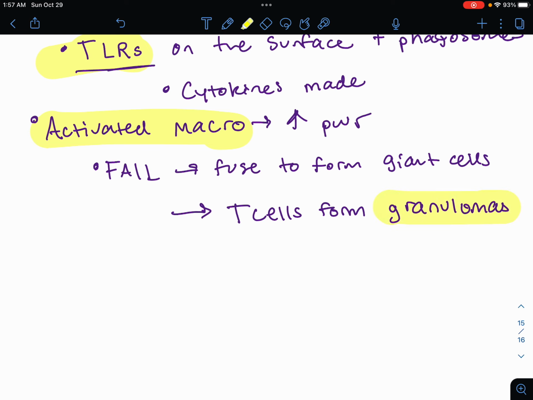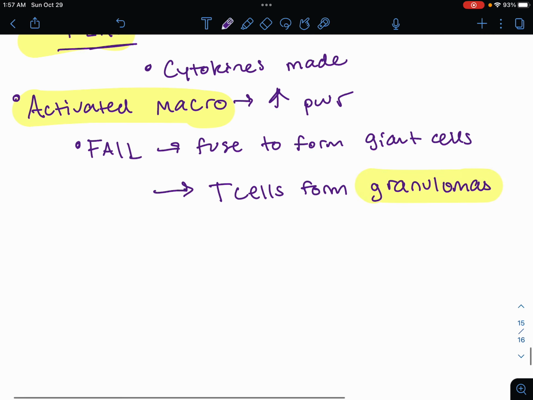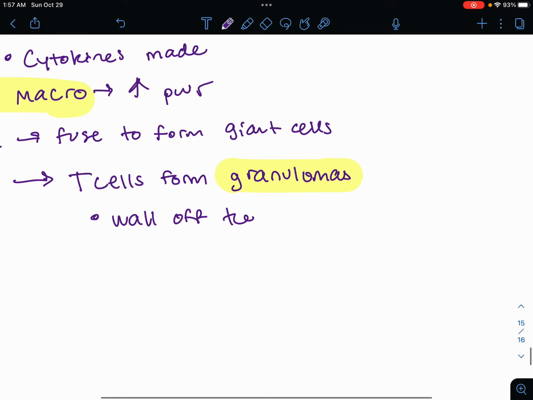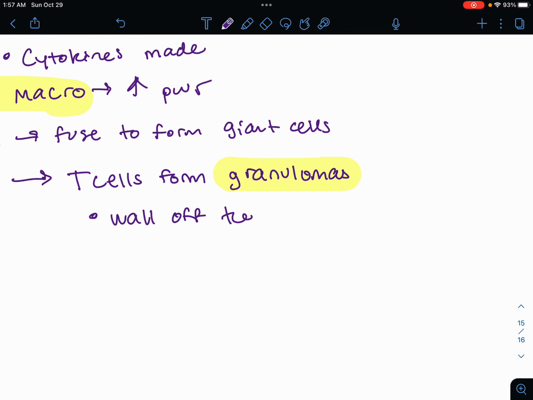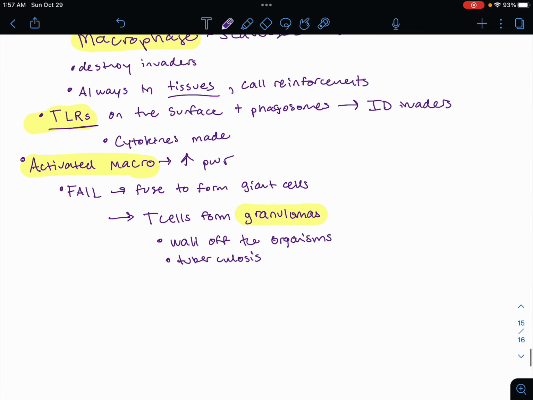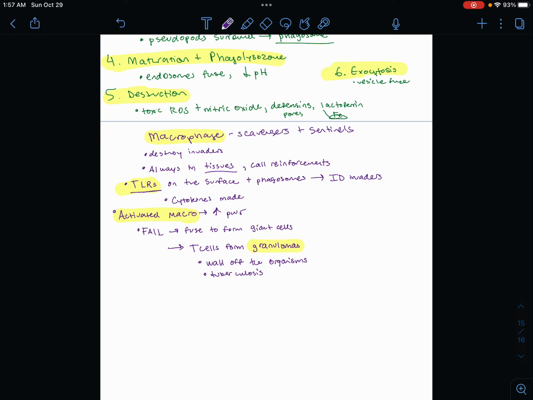Granulomas are going to be kind of like a barrier. They're going to wall off the organisms. And an example would be tuberculosis. It doesn't get rid of them, it just walls them off, keeps them in one spot.